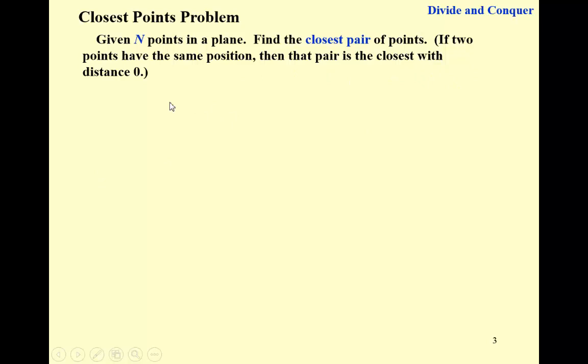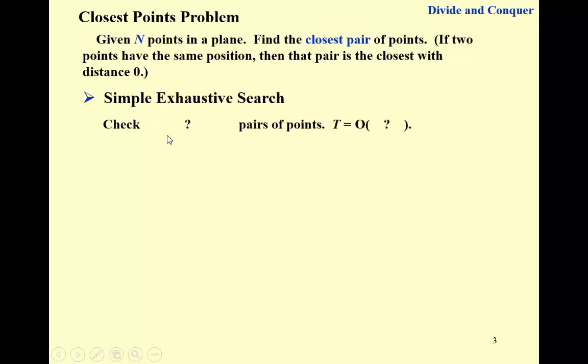The simplest solution is a simple exhaustive search, which means we check all the pairs of points and calculate their distances, and therefore find the closest pair with the smallest distance.